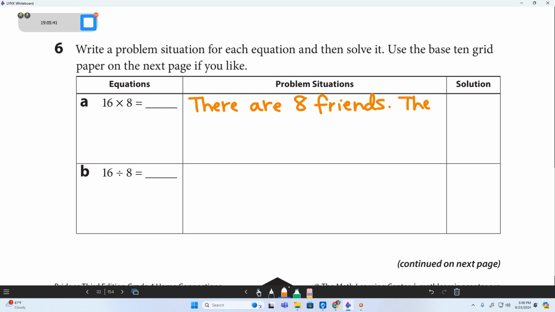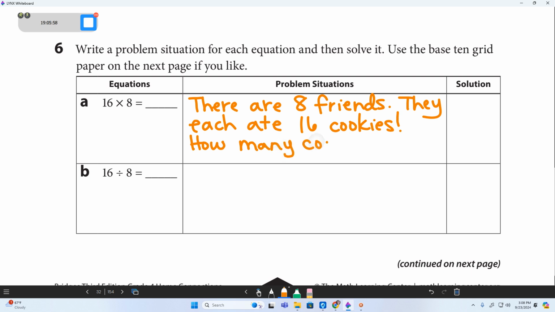They each ate 16 cookies. That's a lot of cookies. How many cookies did they eat in all? Too many might be the answer.